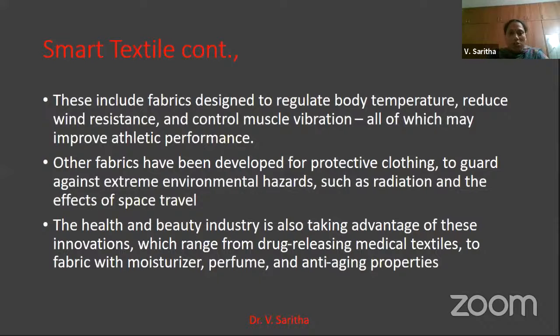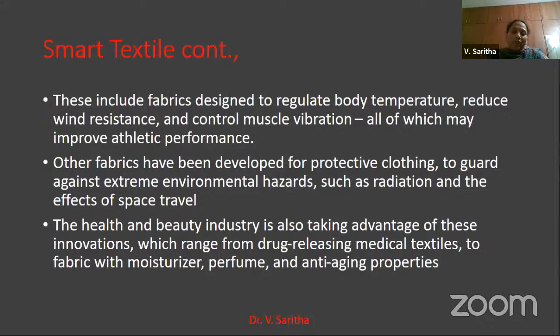Then, also, the health and beauty industry is taking advantage of these innovations, which range from drug releasing medical textiles to fabric with moisturizer, perfume, and anti aging properties. So, normally, most people use moisturizers during winter, perfumes regularly, and anti-aging creams also, they keep using.